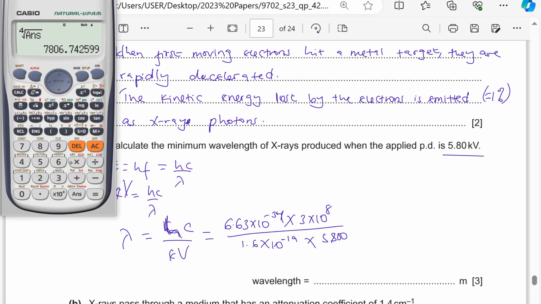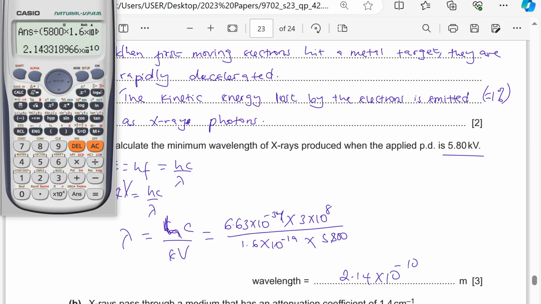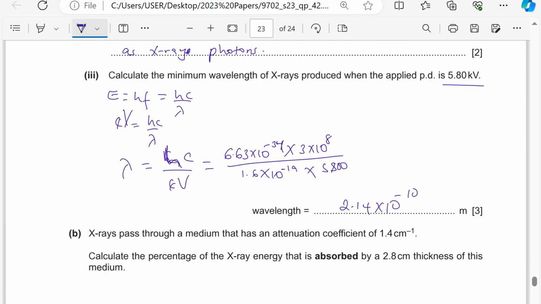I'll check my calculator. 6.63 exponent minus 34 times 3 exponent 8 divided by 5,800 times 1.6 exponent minus 19. So this is 2.14 times 10 to the power of negative 10. Okay, so that is going to be the wavelength, 2.14 times 10 to the power of negative 10.